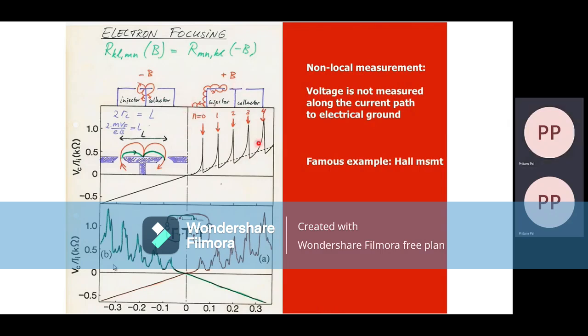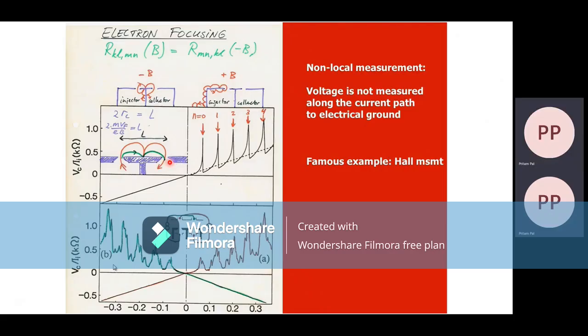In this experiment, which was developed earlier, they used two openings in a two-dimensional electron gas, called the injector and the detector. These are created by electrostatic gates, the shaded regions, and the two-dimensional electrons live 100 nanometers below the surface of the semiconductor.